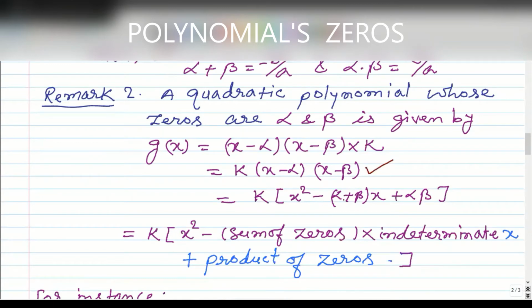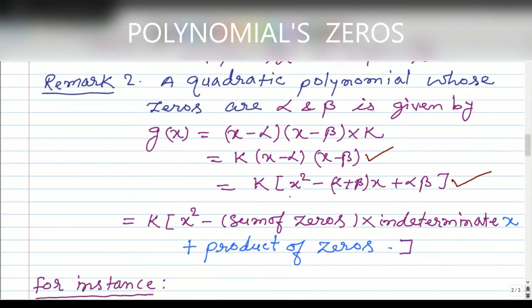After applying the distributive property, we get k times (x square minus (sum of zeros) x plus product of zeros).